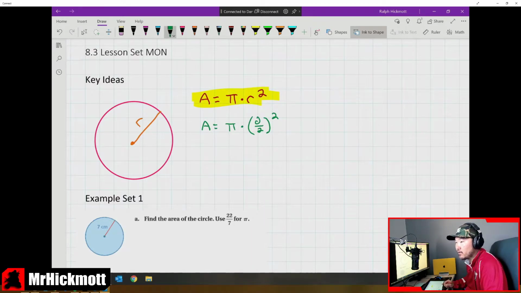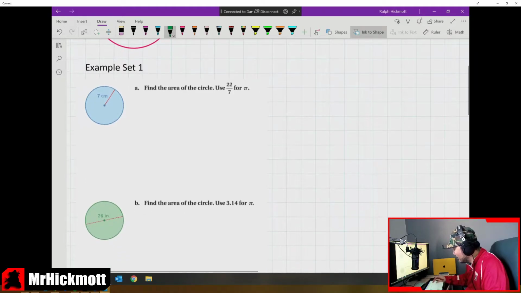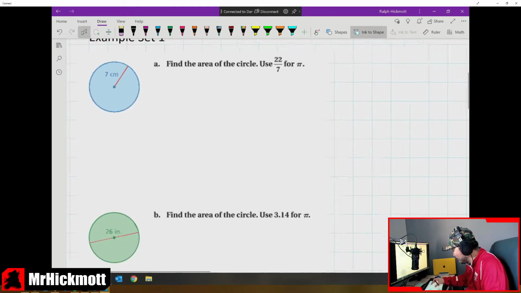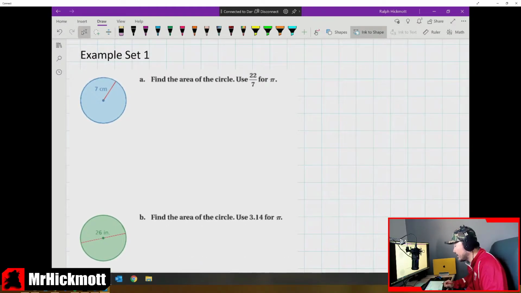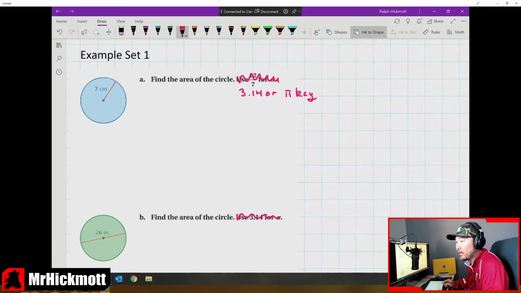Let's go to the first example set. It is very straightforward. For both of these, I'm going to set them up in tandem because the actual calculations aren't bad. Just be careful with what you're given and be careful to use pi appropriately. In these examples, it asks us to use 22 over 7 for pi. I'm going to erase those directions. Use 3.14 or the pi key.